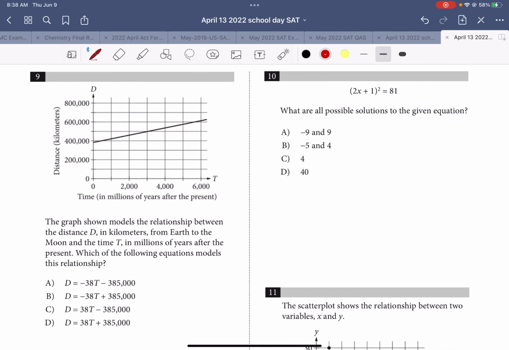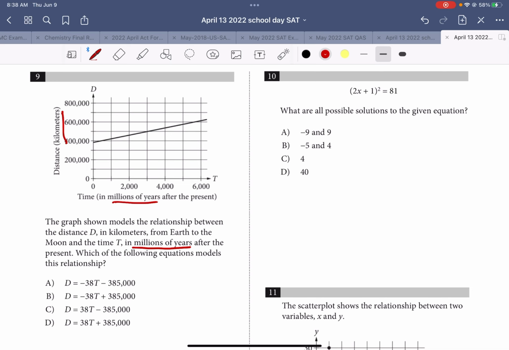Number 9. The graph shown models the relationship between the distance in kilometers from Earth to the Moon and the time in millions of years. Okay, this is millions of years, and this one is kilometers. So the units match with the graph. Which of the following equations models this relationship?